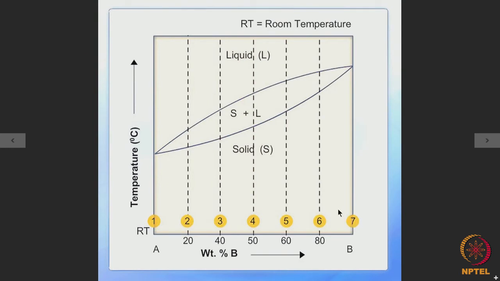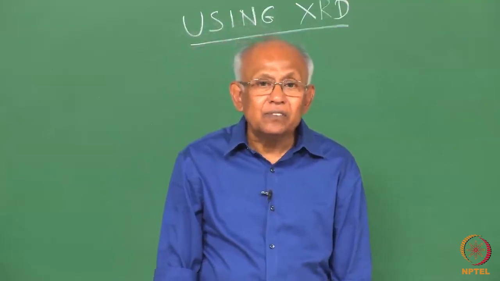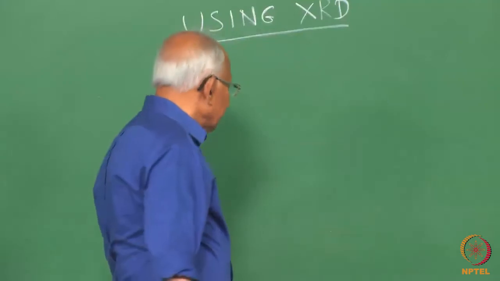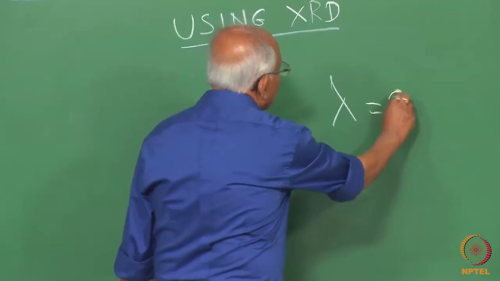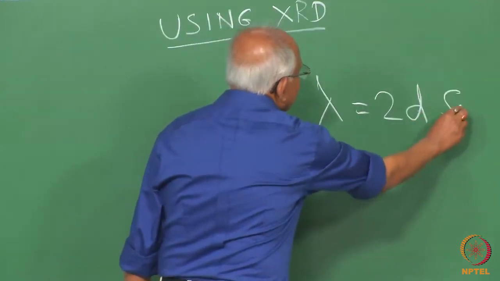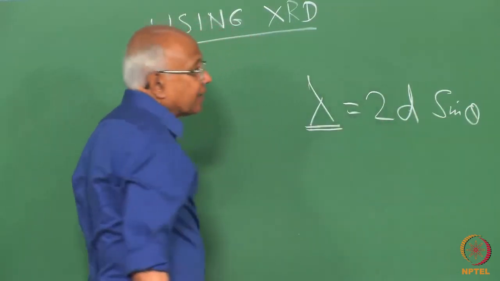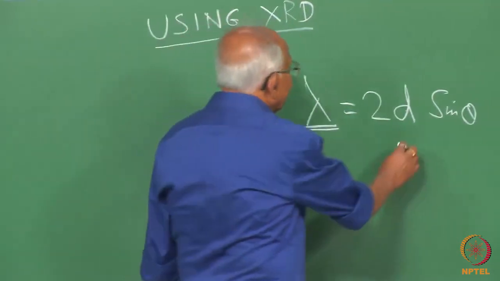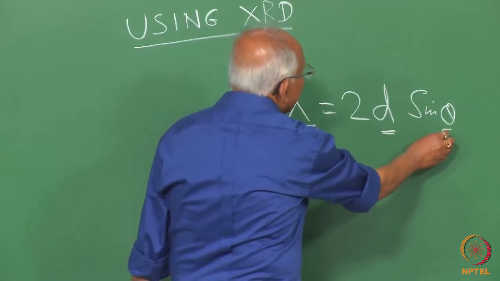Now, when there is an increase in the value of the lattice parameter, it means there will be an increase in the d values also. So, when we look at the Bragg reflection, lambda is equal to 2d sin theta. Lambda is a fixed quantity because this is the radiation we are using for the experiment. So, if d is large, automatically theta will be lower.